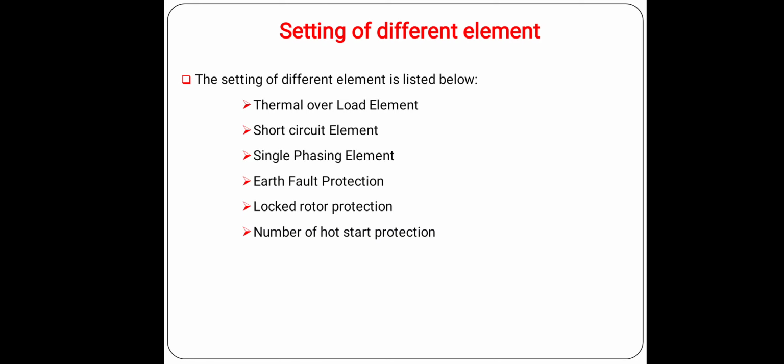The starting time of the motor means the time required by the motor to reach its full speed, and we set this to 2 times the full load current. So these are the different settings of different elements I mentioned here. We need to provide this type of setting for a better protection scheme for the induction motor.